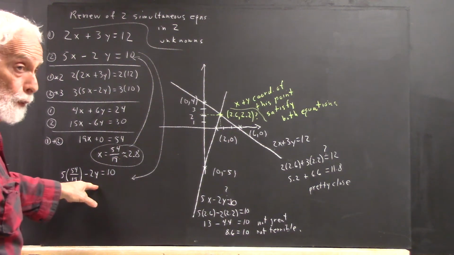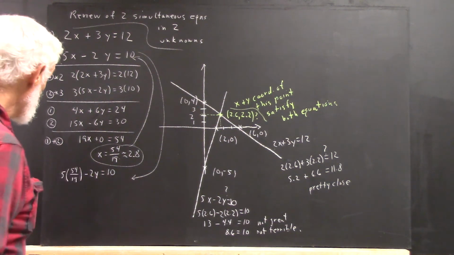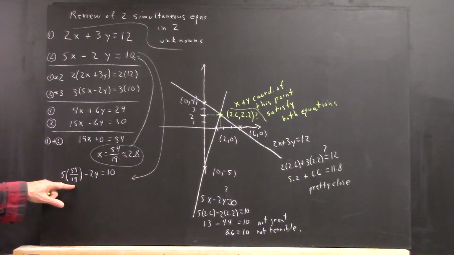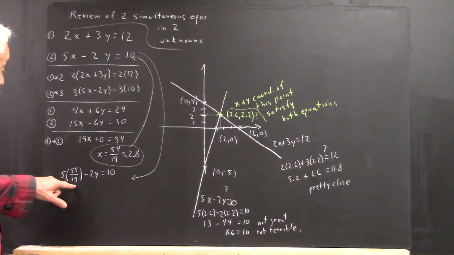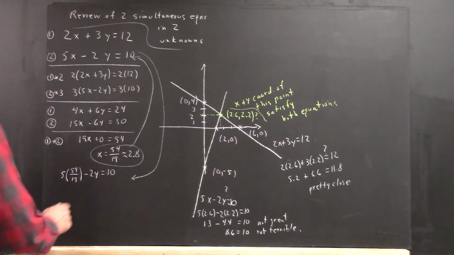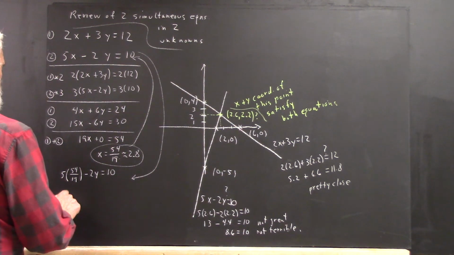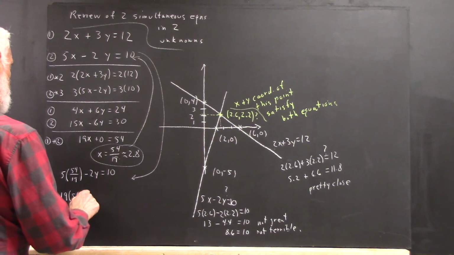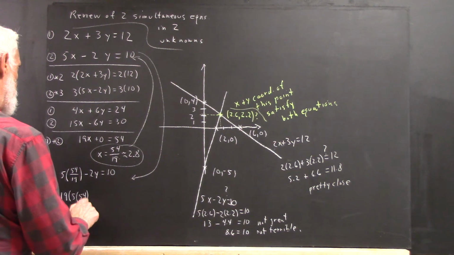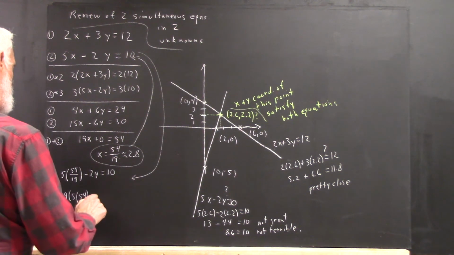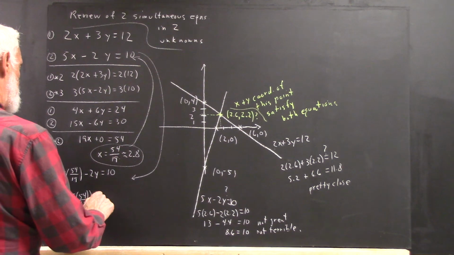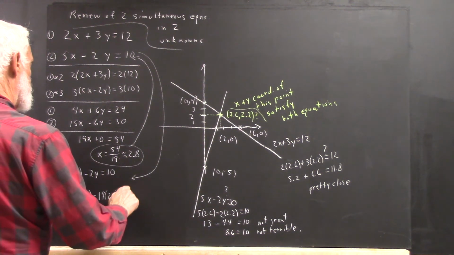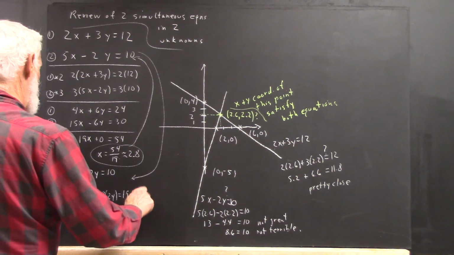Well, we can solve this for y. What do we do first? We multiply both sides by the common denominator, if there's just one. So we get 19 times 5 times 54 over 19 minus 19 times 2y equals 19 times 10.